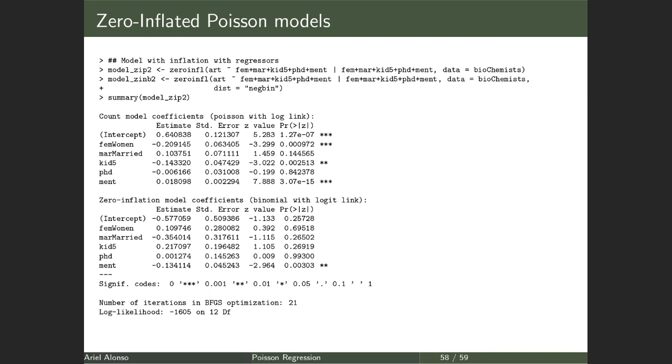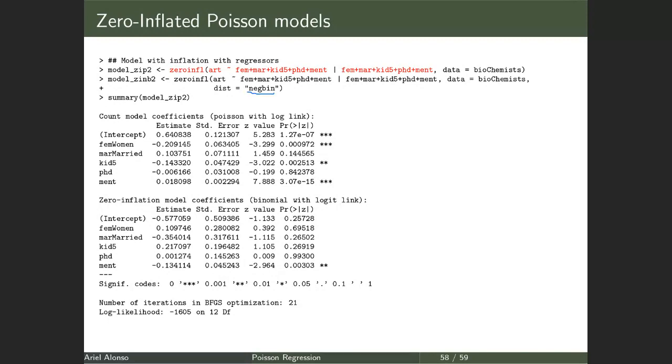Now, you can also fit this model, but considering now predictors for the probability of being in the category zero. And you could also use a zero inflated model with a negative binomial distribution. So instead of using a Poisson distribution for the counting process, you use a negative binomial. You can do that as well.